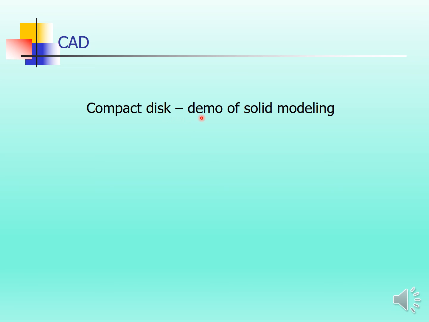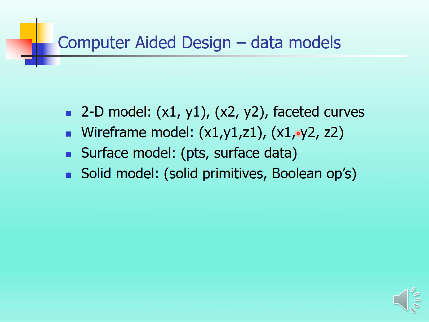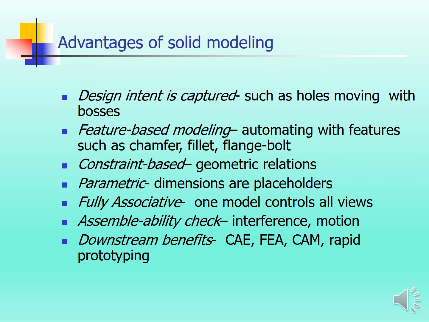Okay, this is a demo of solid modeling. CAD is a data model. We can have a 2D model, and we can also use a wireframe model, a surface model, and a solid model. The advantage of solid modeling is that design intent is captured, such as holes, bosses and so on.